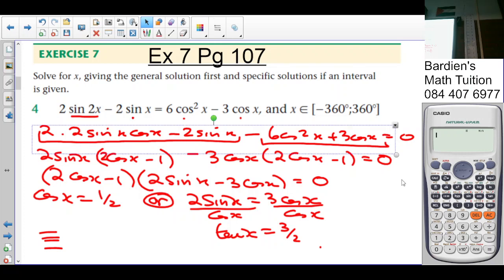So you took out 2 sin x as a common factor and negative 3 cos x. You got it? So you couldn't see that 2 cos x minus 1 is a common factor. You see it now. I see. So you'll be able to wrap it up from here. Thank you so much.